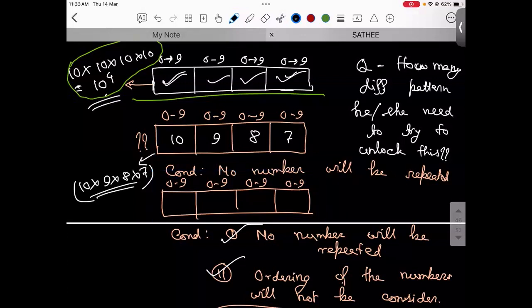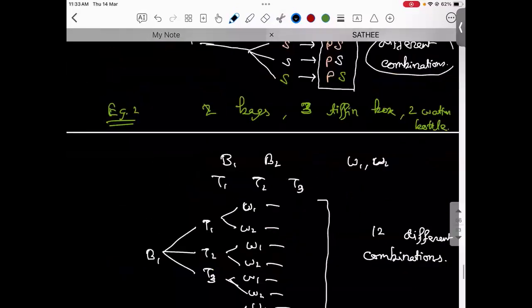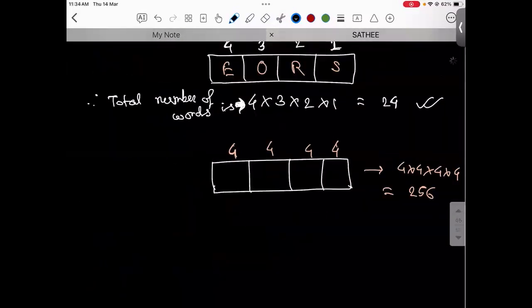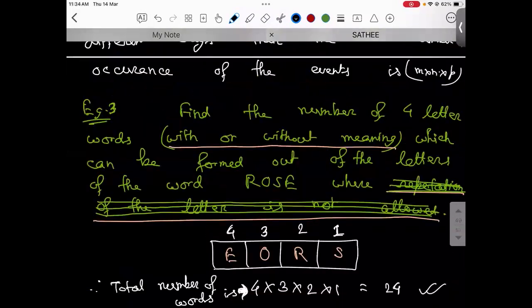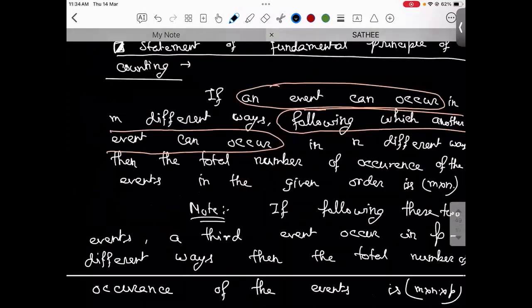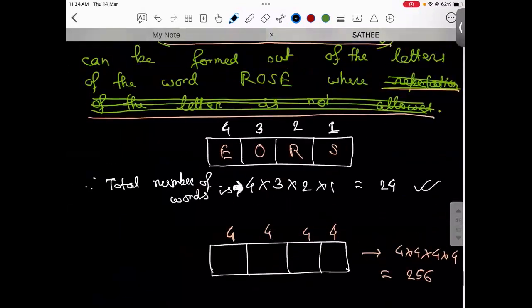And I will not come to this particular position right now because it is far away. So up to this, you can understand that if I stop the repetition, or if this fundamental principle of counting can be applied, how the number of events gets reduced and how I can count them.